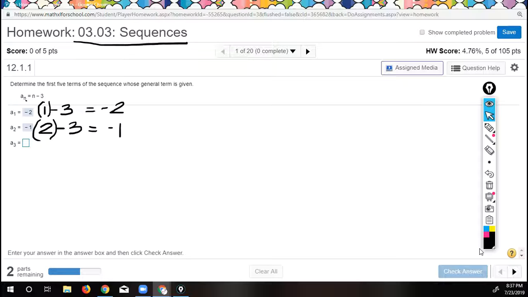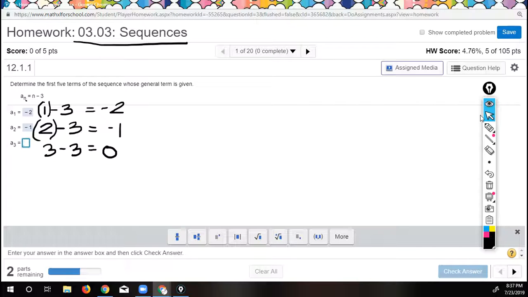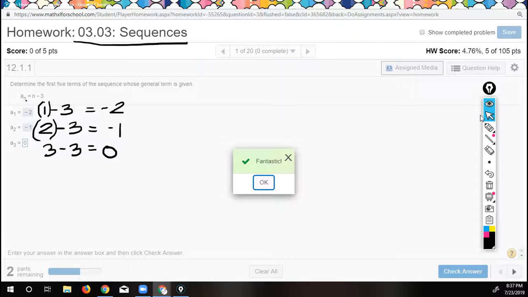Oh, never mind. They want us to sub in 3. 3 minus 3 would give us 0. So again, we're just replacing that first variable with whatever number they're telling us.